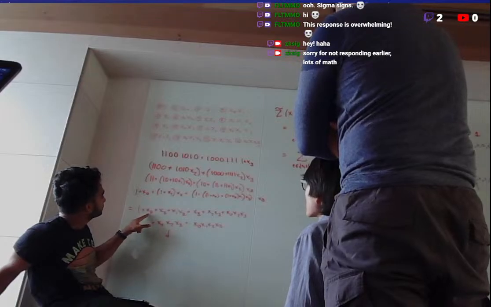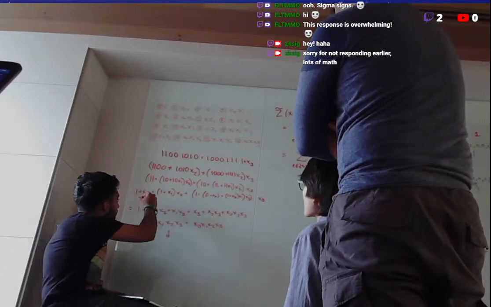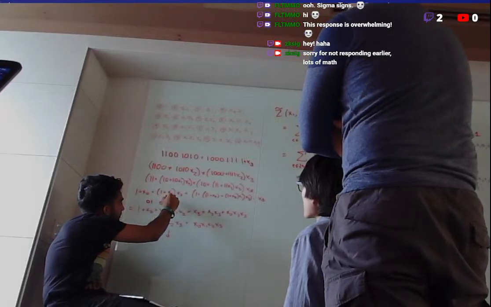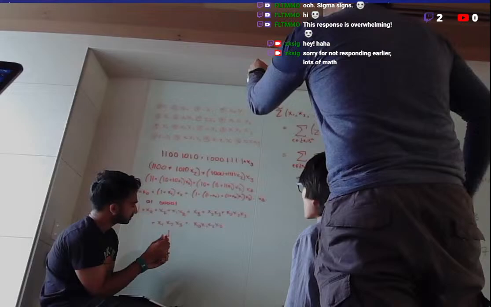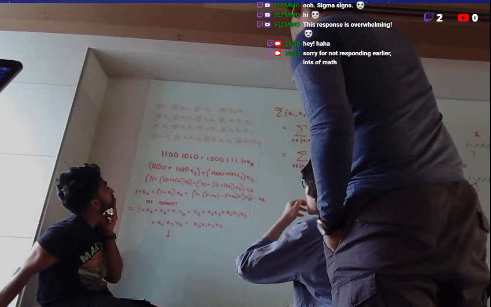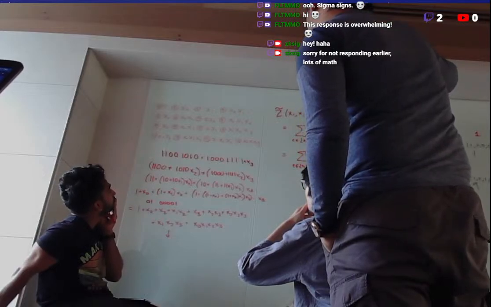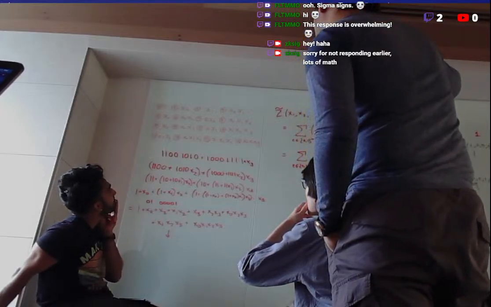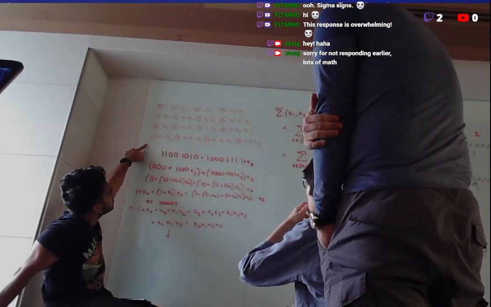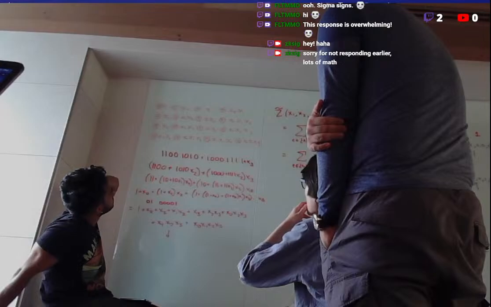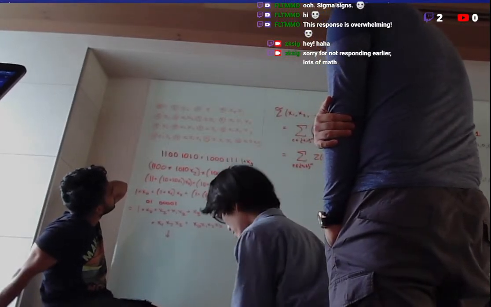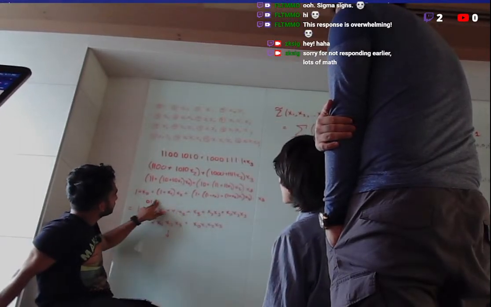Like x1 here, x0 is 0, 1. This is 0, 0, 0. No, I think there is some mistake in the above one, because we have x0 and x3 as the term, but the 13th bit is 1. Right, I don't think this is correct. Oh, it's the 9th bit is x3. Oh, these are the bits. Okay. Yeah, I think this is correct still.